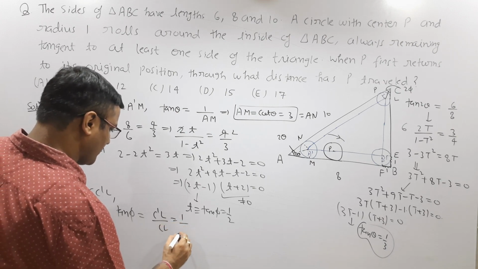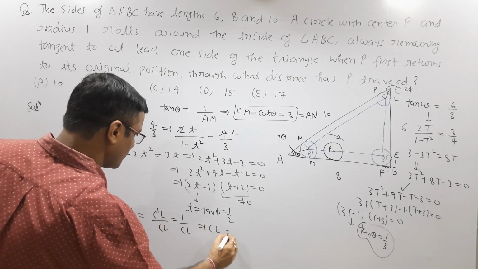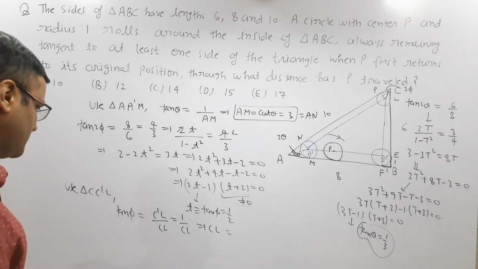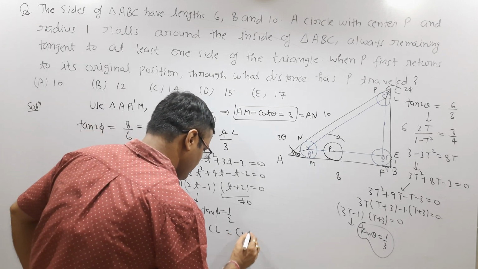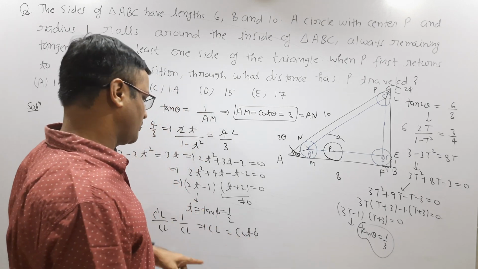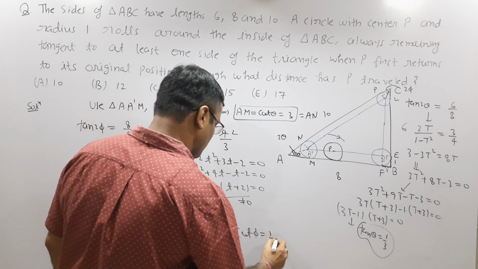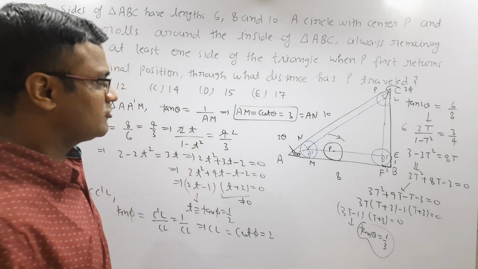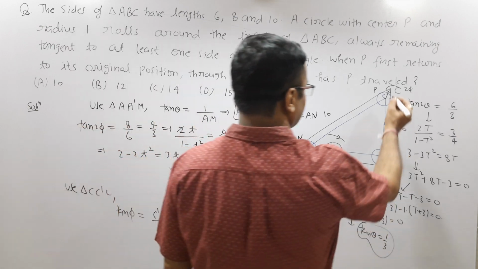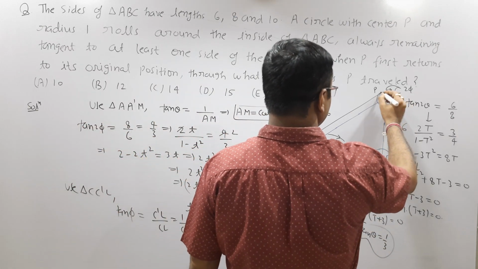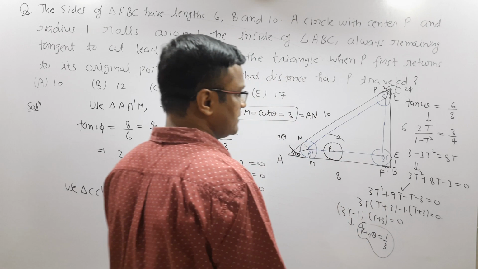C prime L is 1 upon CL, which implies CL is cot phi. And cot phi is what? Tan phi is 1 by 2, then clearly cot phi is 2. So the length of tangent from vertex C is what? 2 units. This length is 2 units, and obviously this is also 2 units.